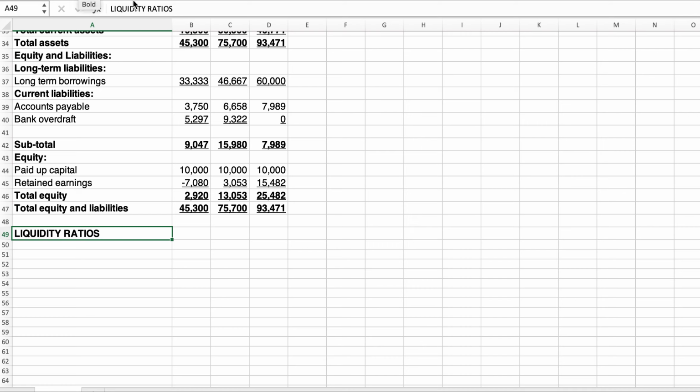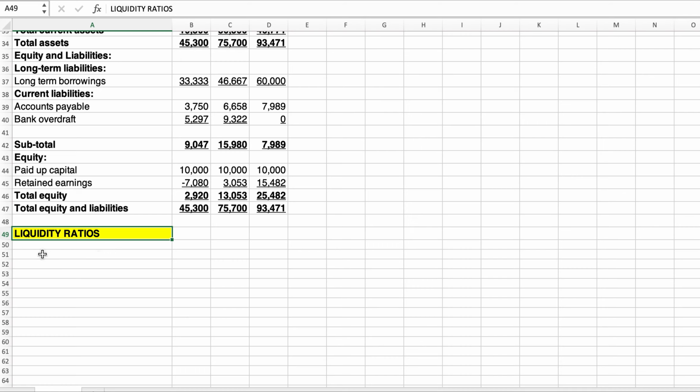Liquidity ratios determine the ability of the firm, the entity or the company, to meet its short-term obligations. Is the firm able to pay its short-term liabilities? Right? So that is what we will discuss today.